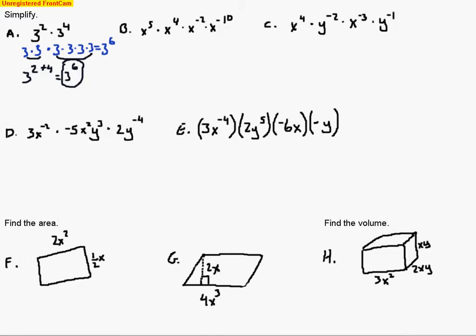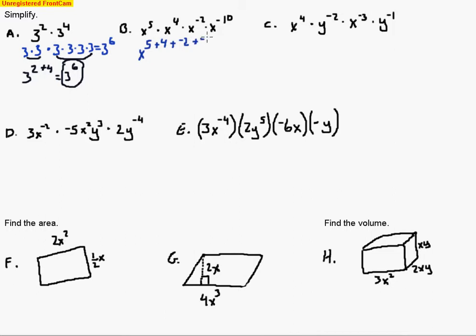We can do the same thing with bases that are variables. We can take those exponents on that common base and add them up. Here we have 5, here we have 4, here we have negative 2, so we add on negative 2. Notice that negative 2 is going to take away from the sum of the positives, and we'll see that in a little bit.